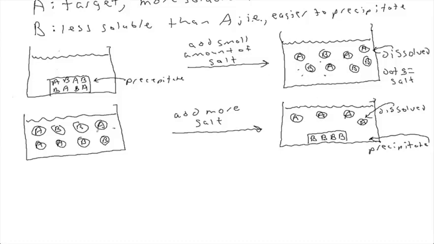Let me put that here. 1, 2, 3. This picture is supposed to be the same as this one. And now would this picture have more or less salt, or the same amount as the picture on the left? More. Because the whole point here is we're adding more salt. So now I'll write 8 dots to represent more salt. The dots equal salt.